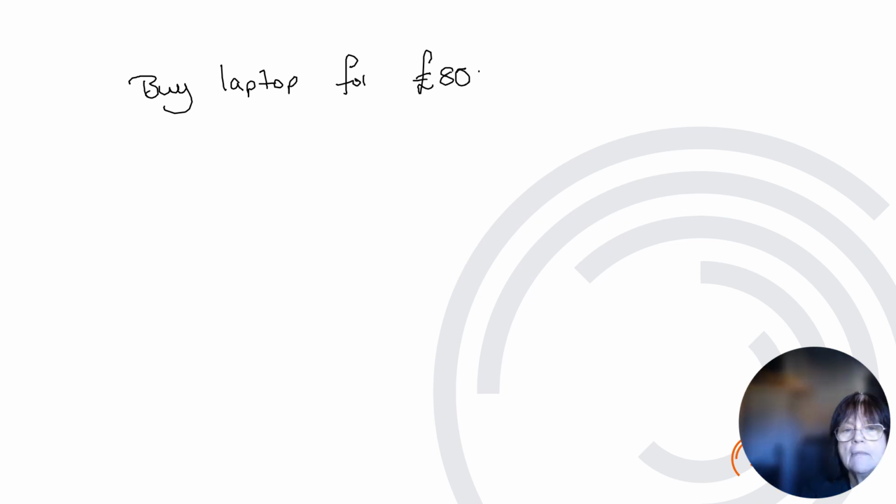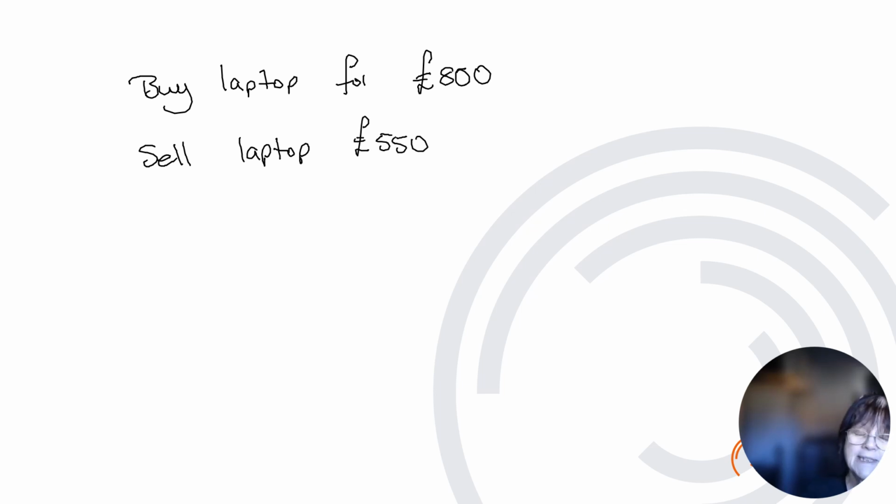So let's look at an example. We are going to say that you buy a laptop for £800. But time goes on and things go out of date. So you decide to sell your laptop and put the money towards another one, but you're never going to get as much for it. So you sell your laptop for £550.